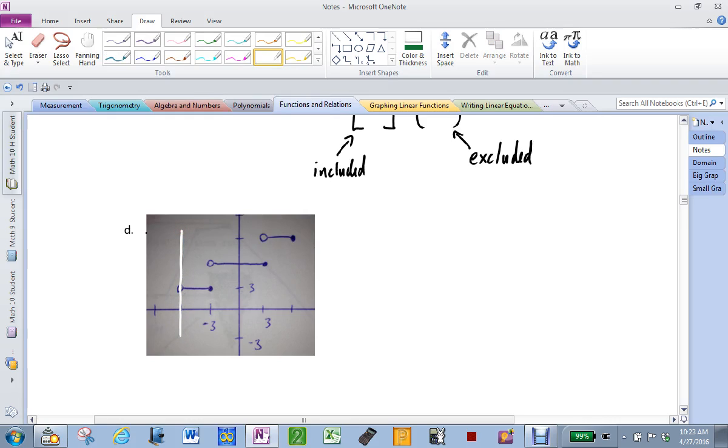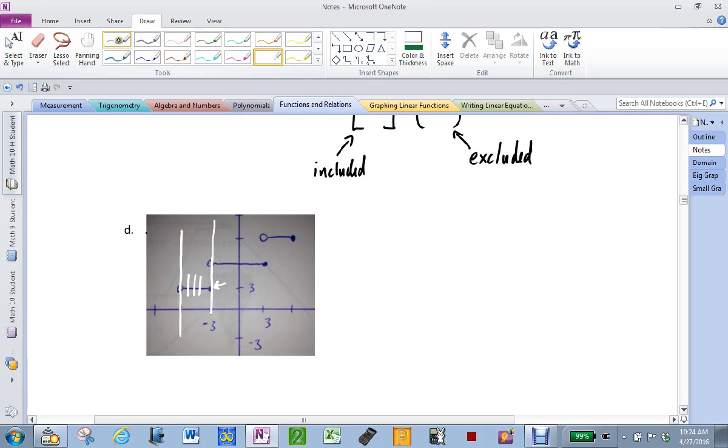Is that okay? No. Look closely. Why? Because one's closed, one's an open circle. So does that value exist in two places? Where's the only place it exists? That one.